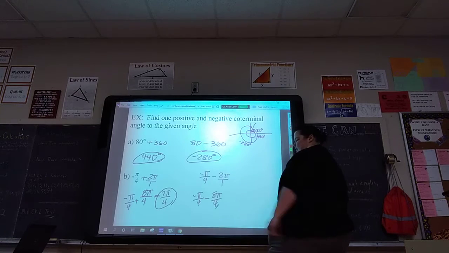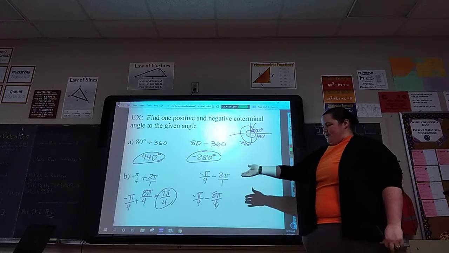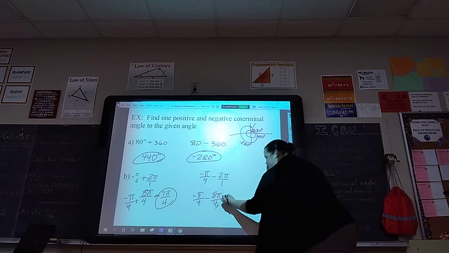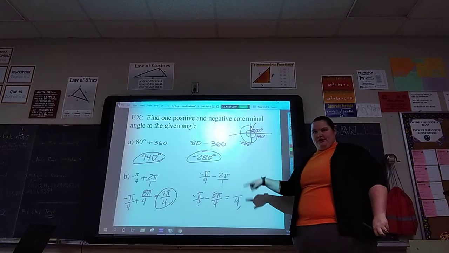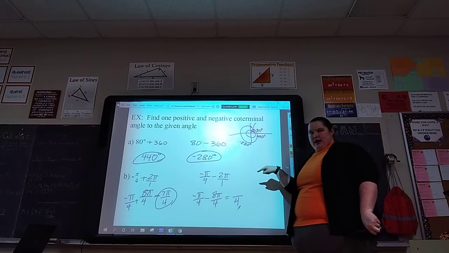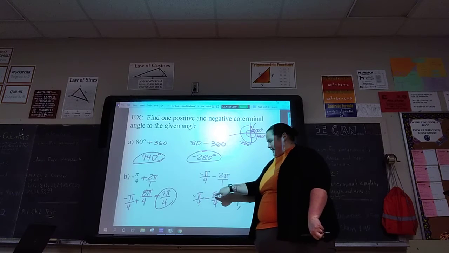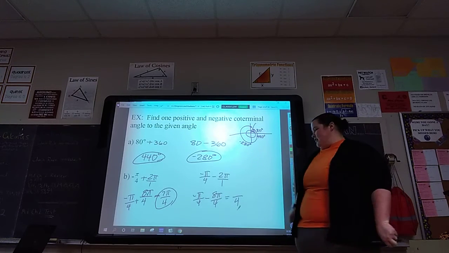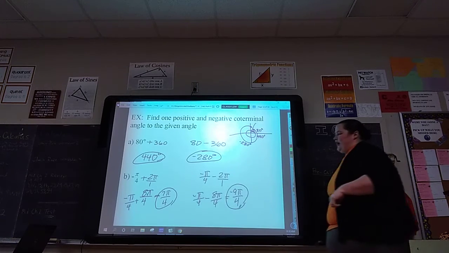So I need to multiply that by 4 again. So you just add and subtract the same thing each time. It's just now, when we added, we got 7 pi. Now when we subtract, once you have the common denominator, you just need to subtract the numerators. So if I have a negative pi and subtract 8 pi from it, how many pi's do I have? Negative 9. There's my radian measurements.